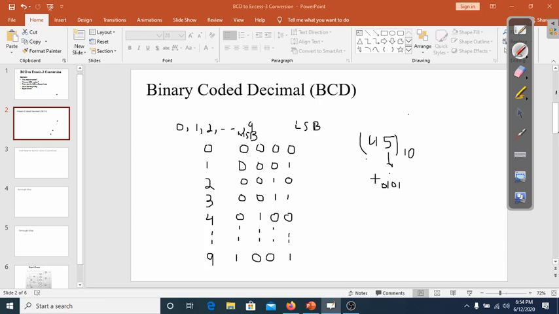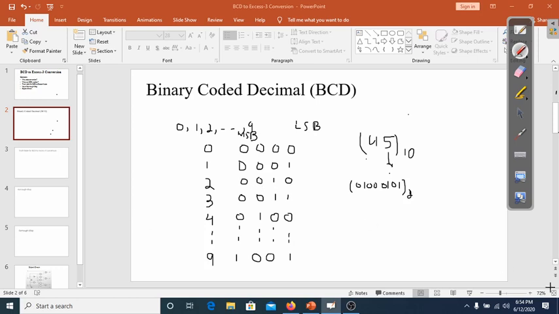This is equal to 5, and corresponding to 4 there would also be 4 binary bits. So I can write for 4: 0, 1, 0, 0. So this is the BCD code corresponding to 45. I hope you understand the BCD codes.